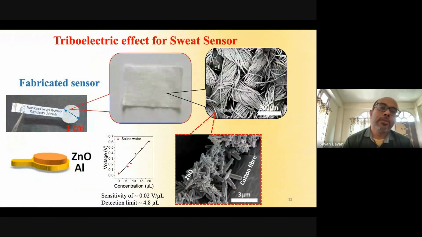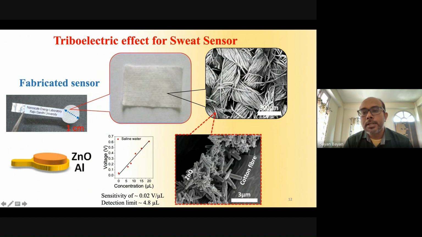Similarly, we have also used such a triboelectric nanogenerator based sensor for sweat sensing application. Here this is the proof of concept prototype. Here this active part has been made on a textile platform. For the textile, we have used common cellulose, common cotton cloth.